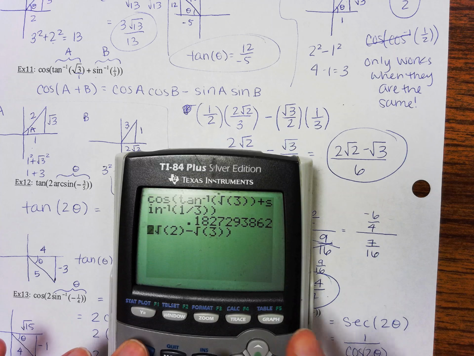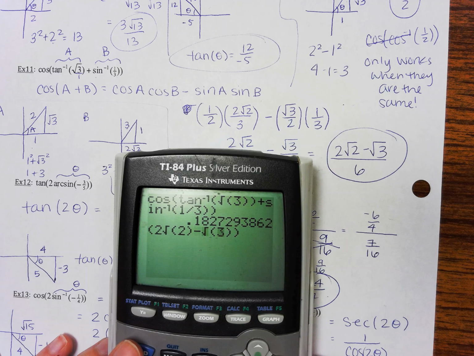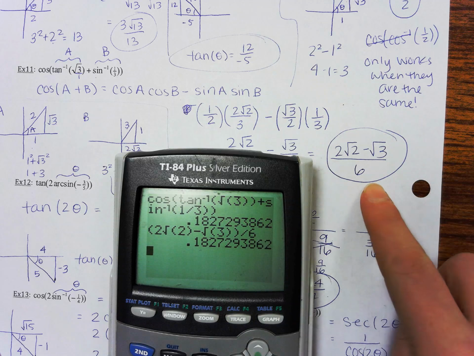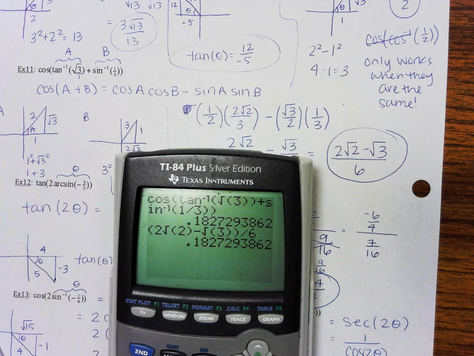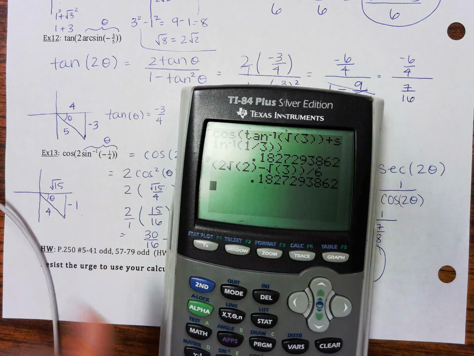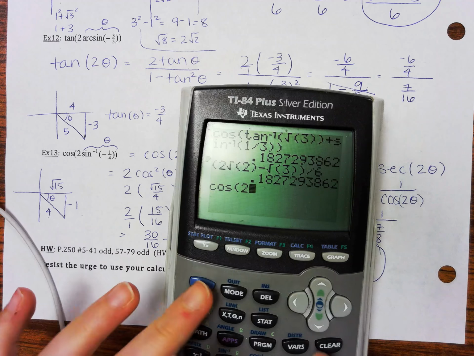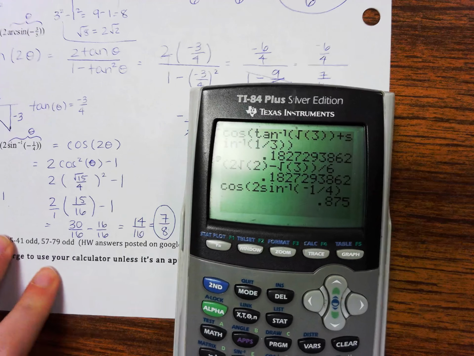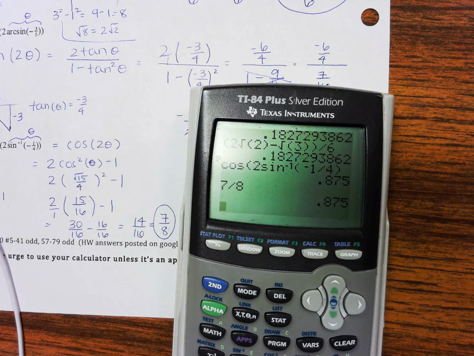Put parentheses around that whole thing, divided by 6, and I'll get 0.1827. So I get the same thing if you check your final answer with your starting answers, putting that into the calculator. So same thing down here, even if I was dealing with something like this, cosine of 2 inverse sine of negative 1 over 4. It's 0.875, which is 7/8. So you can definitely use your calculator for that.